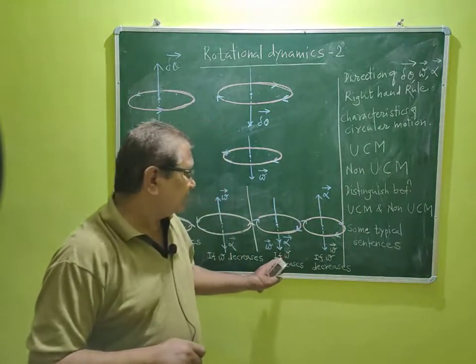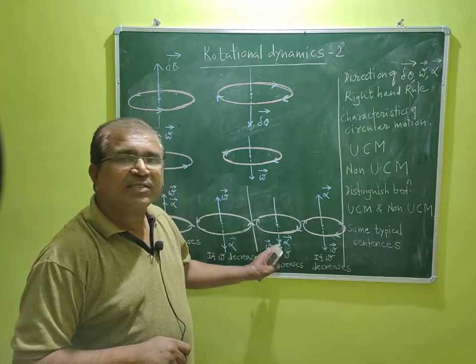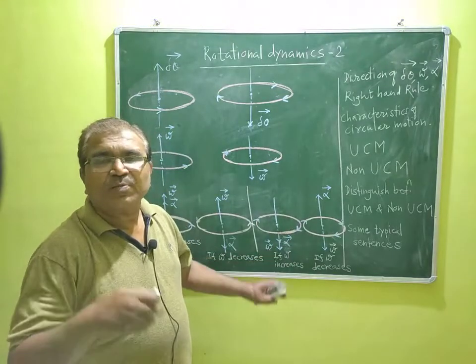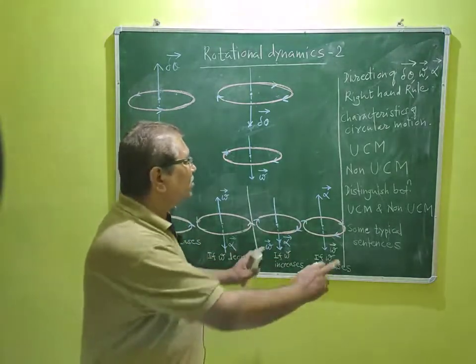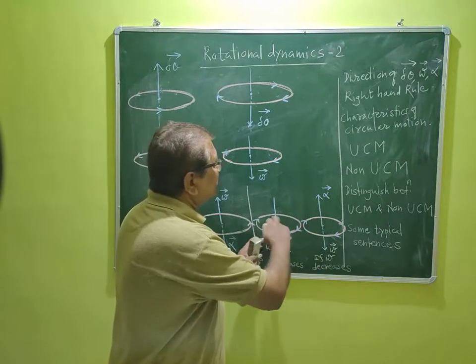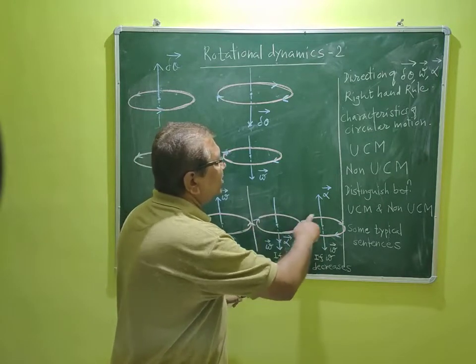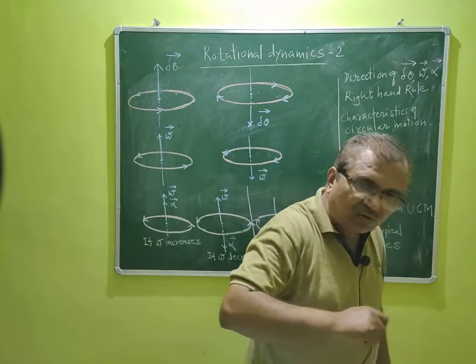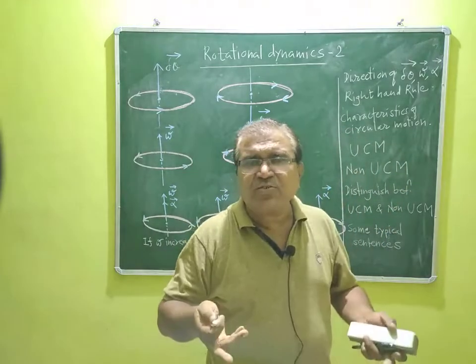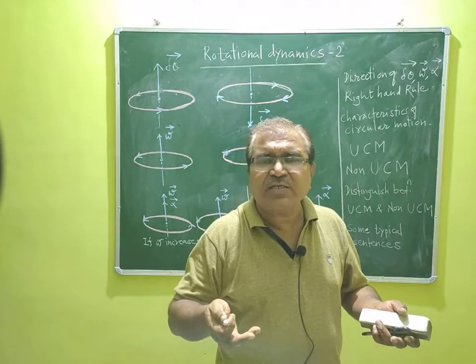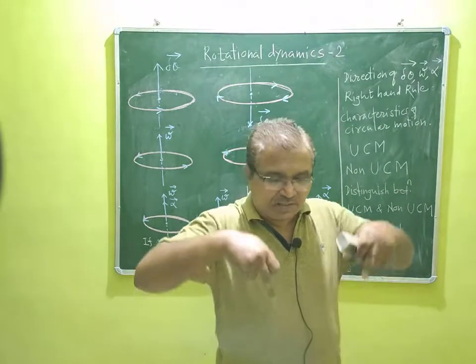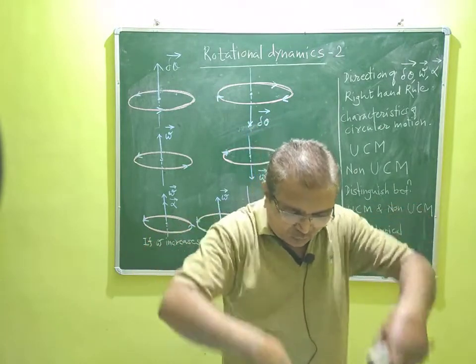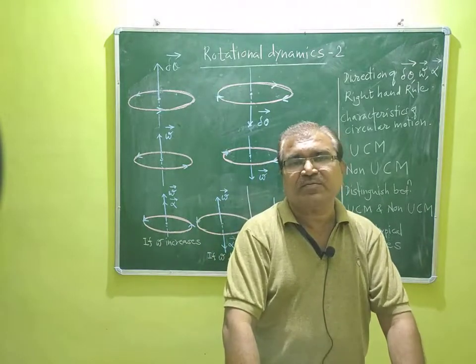See here again, for a particular direction of circular motion, in these two diagrams, the direction of the circular motion is clockwise. As soon as the direction of the circular motion is clockwise, the direction of the angular velocity in both diagrams is downward.